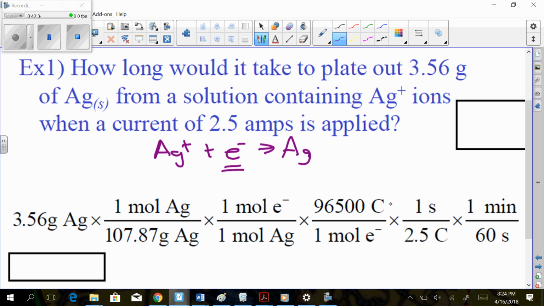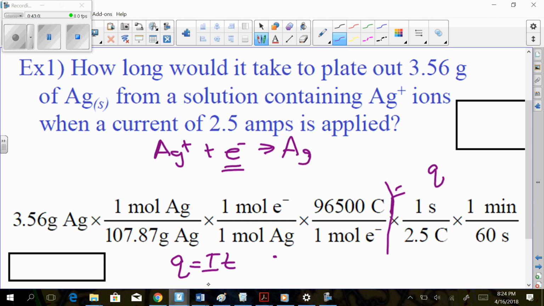If you stop here, that will give you Q, the amount of charge. Then Q equals I times T. You have a current of 2.5 amps.